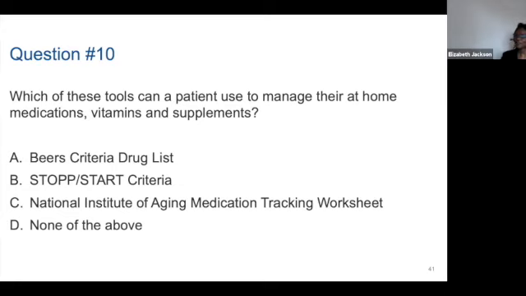I will pause for a few seconds for you to enter the answer into the poll, please. And we can move on to the next slide. Thank you. The answer, as you may all have guessed, is the National Institute on Aging Medication Tracking Worksheet. Next slide, please.